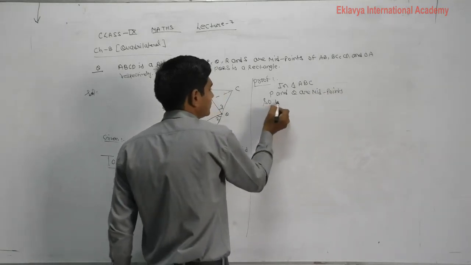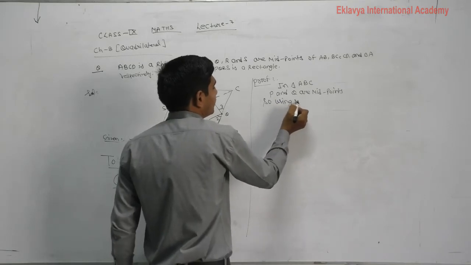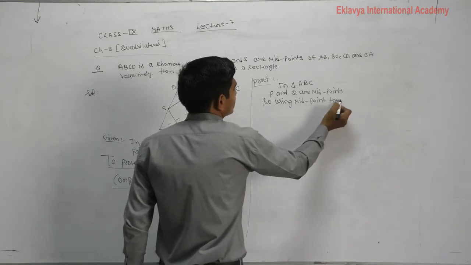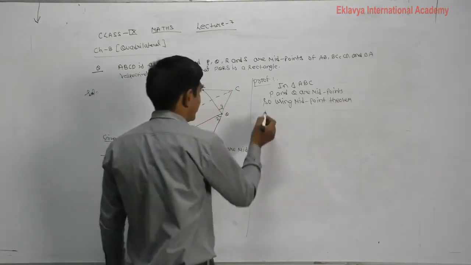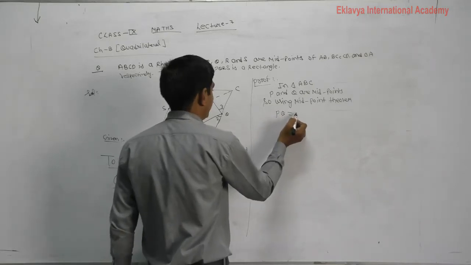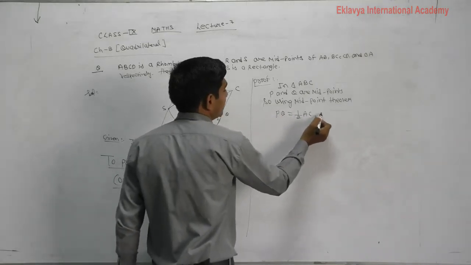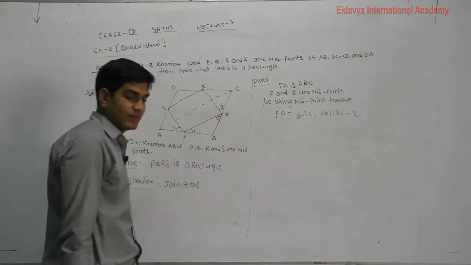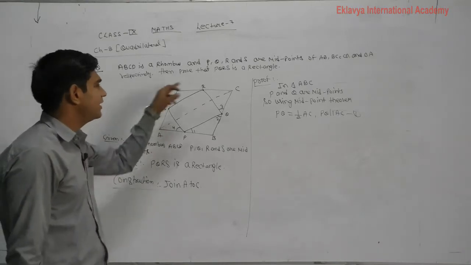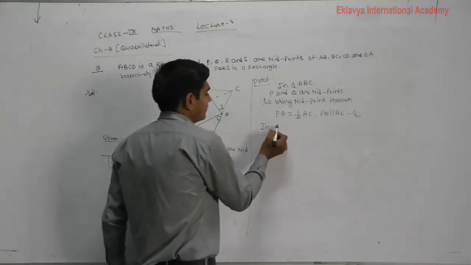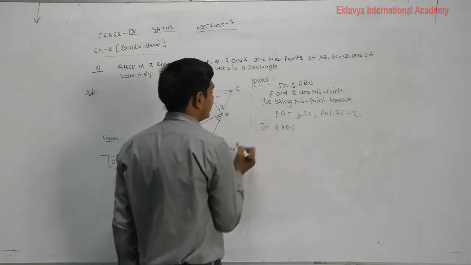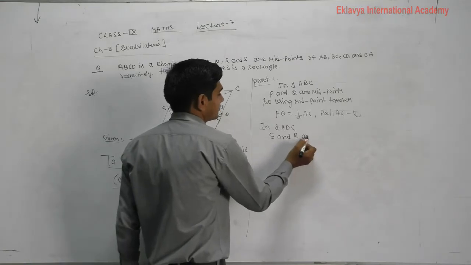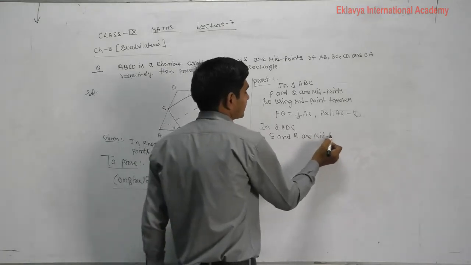So using the midpoint theorem, PQ is equal to half of AC and PQ is parallel to AC. This is equation number 1. Second, in triangle ADC, again S and R are midpoints.